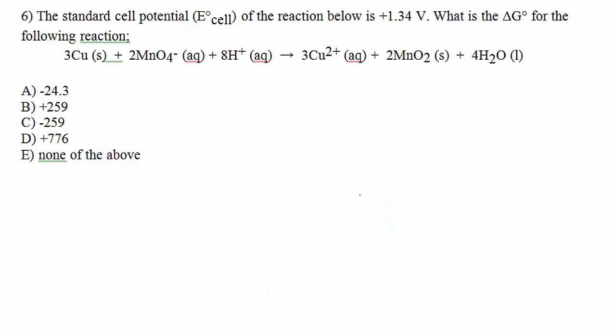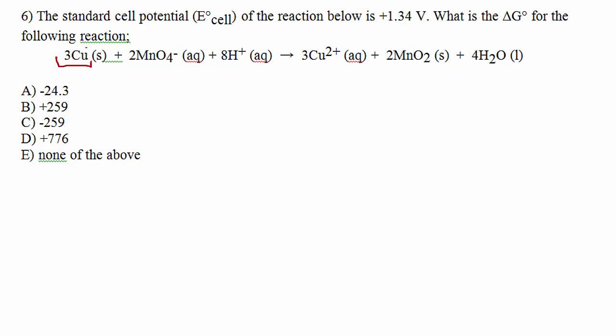Alrighty. And number 6, the last one in this section. The standard cell potential for the reaction below is positive 0.134 volts. What is the delta G naught for the following reaction? In order to do that, we first have to figure out how many electrons are being transferred. Let's cheat a little bit. You can do the half reactions and get the definite one, but I'm going to cheat.